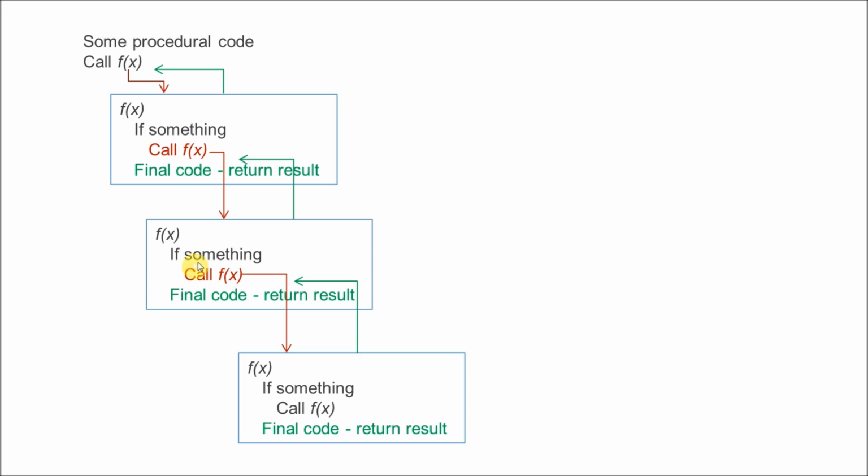If it's just a test, the test may be satisfied and it can then fall down to its final bit of code. This function call can resolve itself and return its result to the previous caller. And again, the same thing can happen again. It can execute its final code and resolve itself and then return the final result to the calling code. And then underneath here, of course, there would be some more procedural code of some sort.